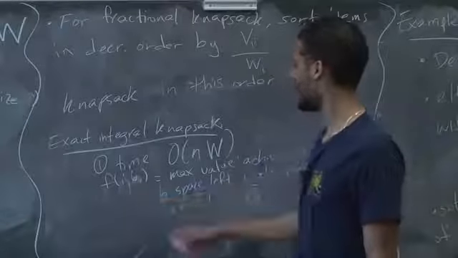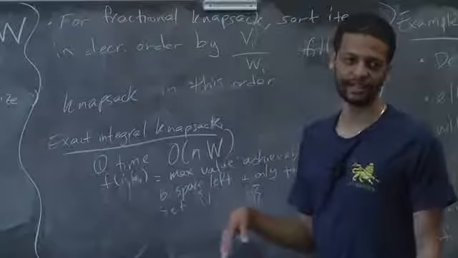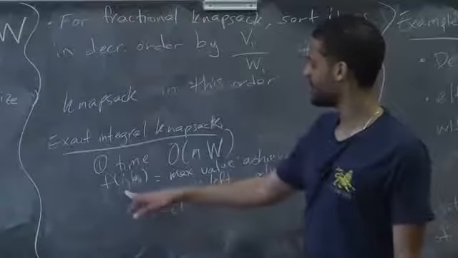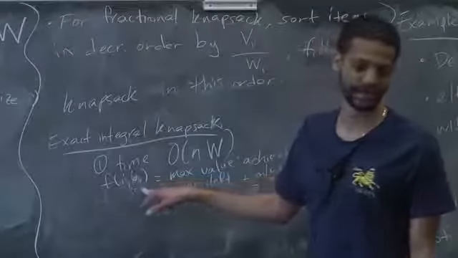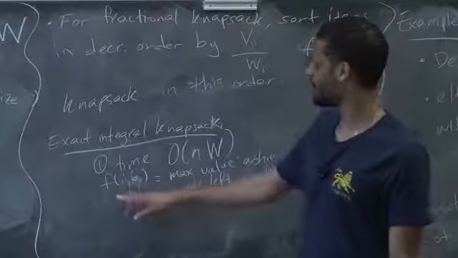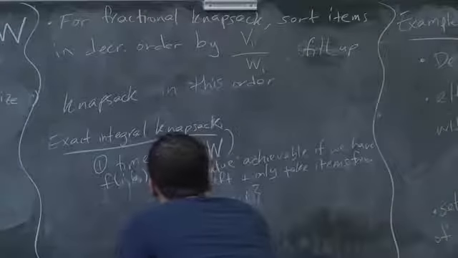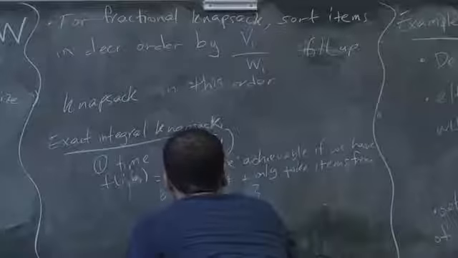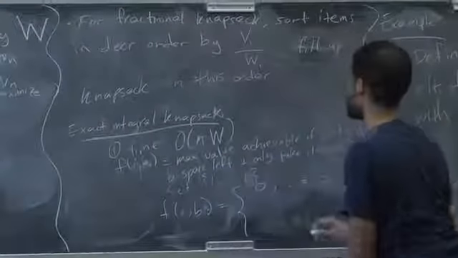How do you get f of i comma b? Well, you can either take the ith item or not take it. So f of i, b is equal to 0 if i is equal to 0.